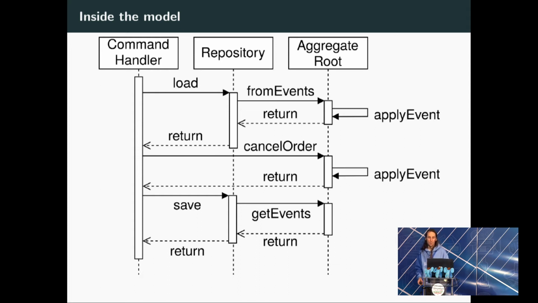Okay, so that means that when you reload it from the database, all those applications of the events have to be safe to do. And then you apply the new order cancelled event, it updates the internal status. The command handler and the repository will grab the new events and save them.